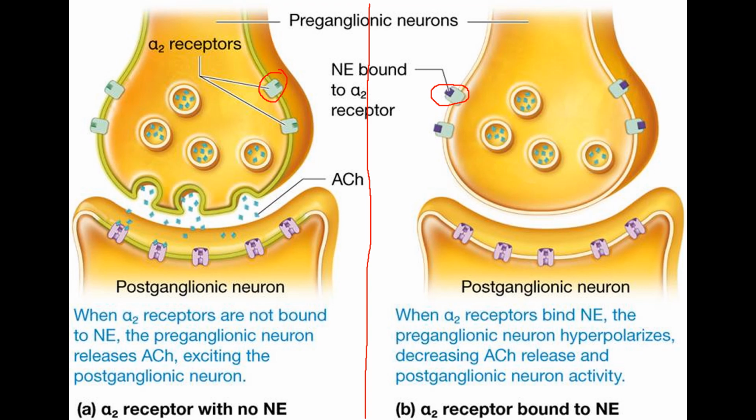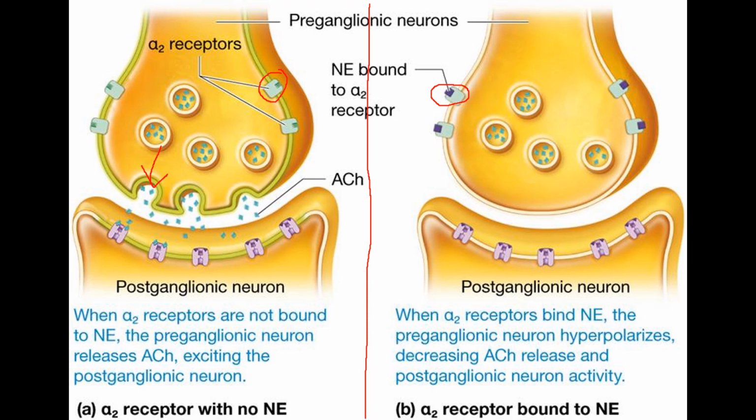In this case, there is no norepinephrine hyperpolarizing this axon terminal, and so the acetylcholine is able to exit through exocytosis, and it gets transmitted down to the postganglionic neuron easily. This is a sort of normal situation.